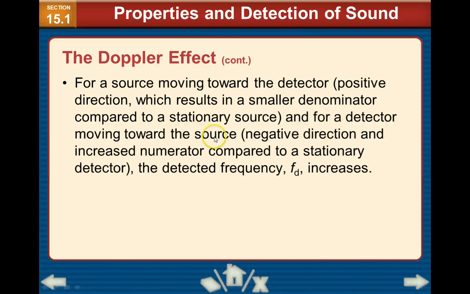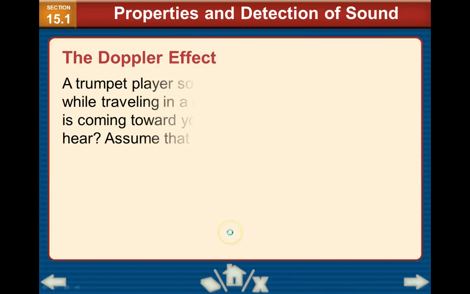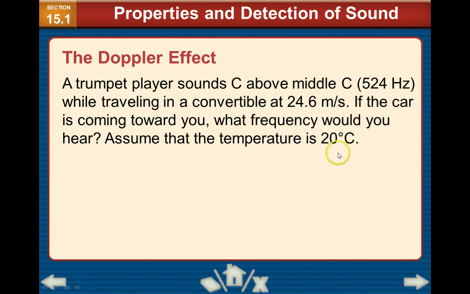For a detector moving away, we end up in the negative direction, which increases the denominator, and so it will change the frequency. Similarly, if the detector is moving away from the source, then again FD decreases.